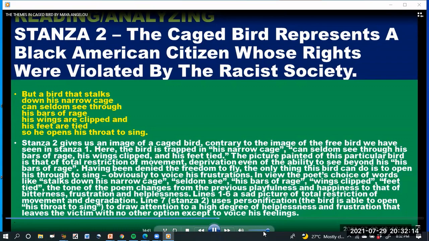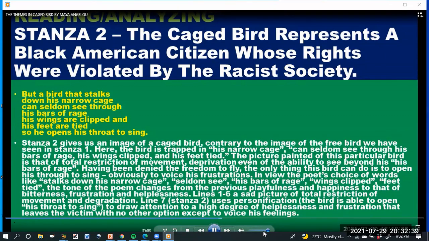All right? And so we look at it again, we see that this stanza 2 gives us an image of a caged bird that is deprived of all rights. The right of movement is deprived, and we can see that the bird is confined to his narrow cage.